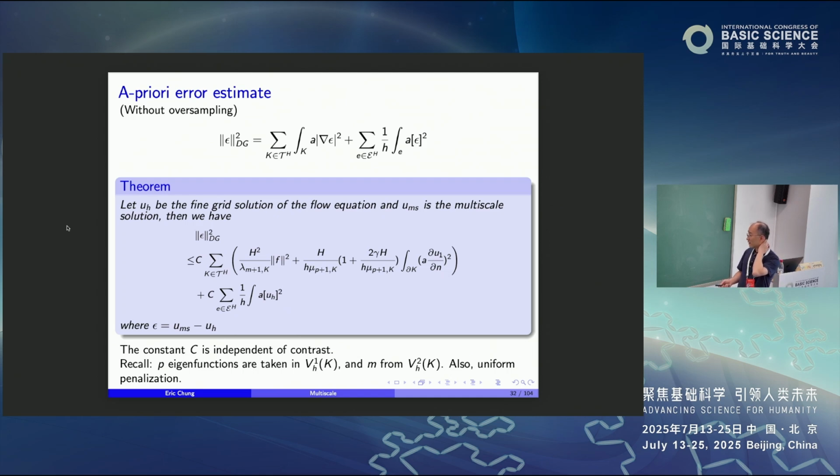This result says that the error in terms of this discrete energy norm is controlled by a few terms defined like this. One key feature in this error bound is that it is related to all these eigenvalues, which means that we obtain spectral convergence. As we use more basis functions, this lambda and mu will increase, so the error will decrease according to these bounds.